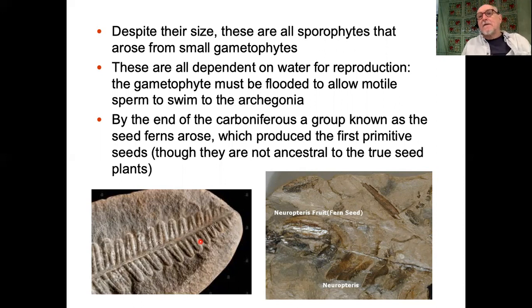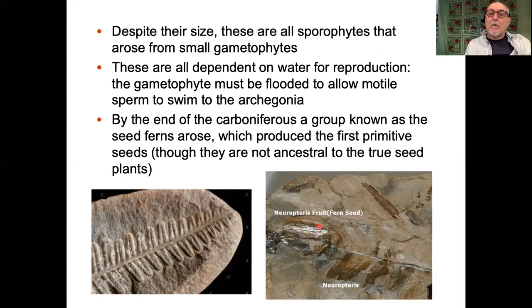We can't say that these are ancestral to the seed plants. That is not possible. We can't even say that the ancestor lies somewhere in this group, but it's just very interesting for us to see how this group of ferns develops a true seed.